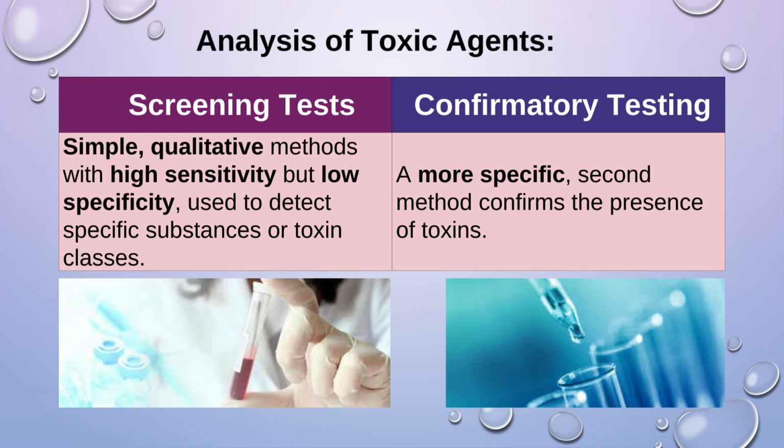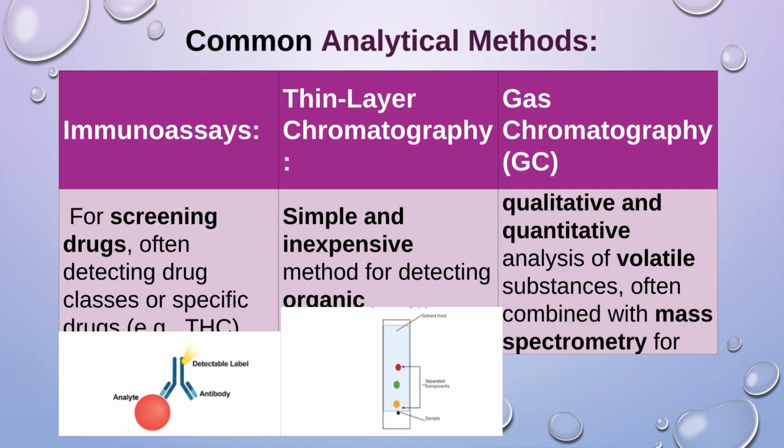Even if the screening tests are simple, their sensitivities are high. However, their specificities are low, and they're used to detect specific substances or toxin classes. But if you really want to confirm, especially if it's a medico-legal case, then a more specific, secondary method is really used to ascertain and confirm the presence of the toxicant or toxins.